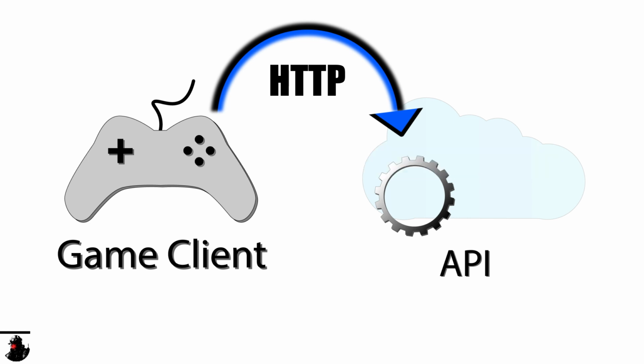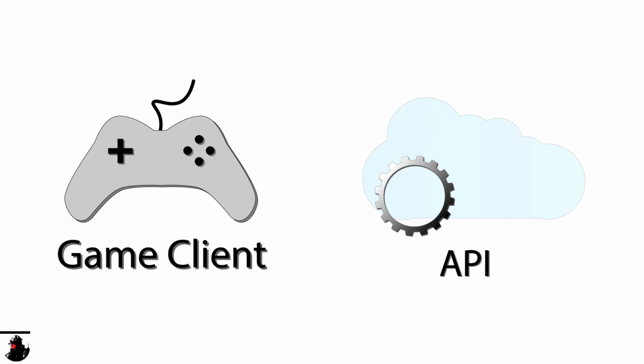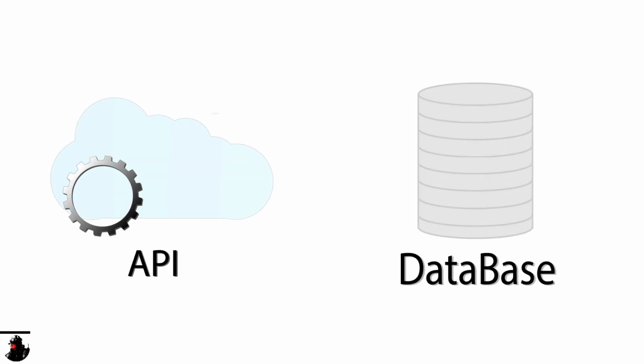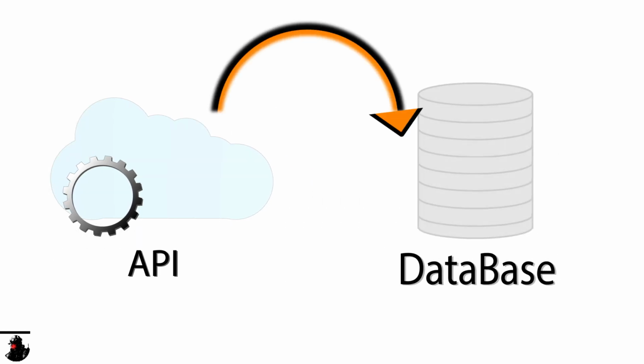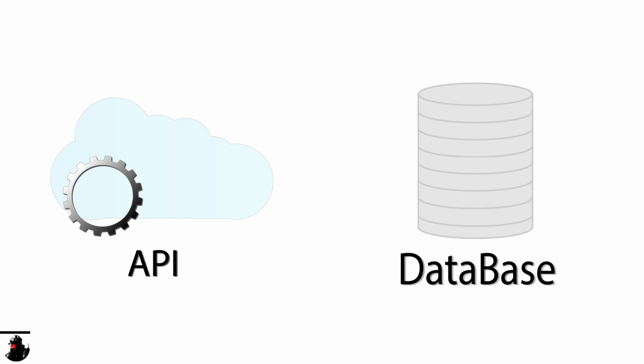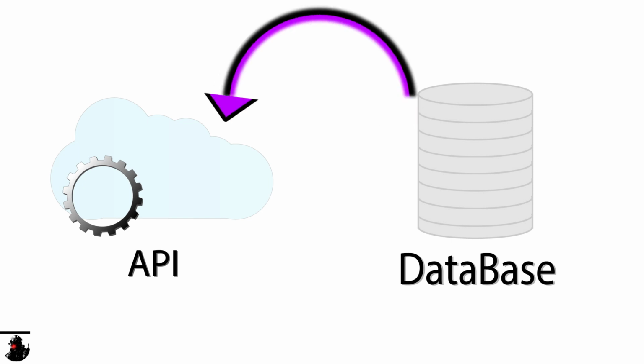Once the game client sends the HTTP request, the API receives and interprets it. Think of the API as a bilingual translator that understands both HTTP and the language of the database. The API then translates and directs the request to the database, which processes the information and updates your progress. But we're not done yet. The database sends the updated data back to the API, again using HTTP.